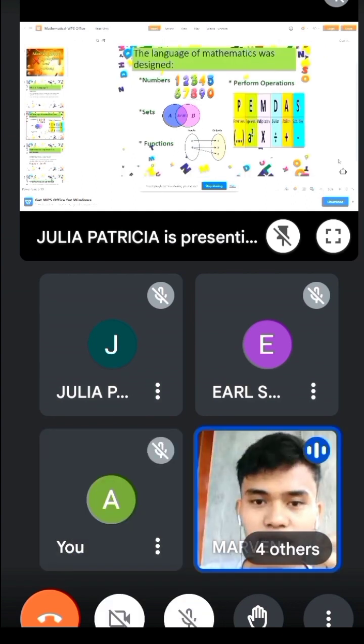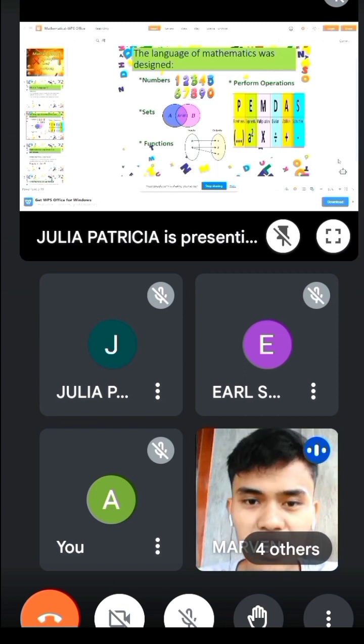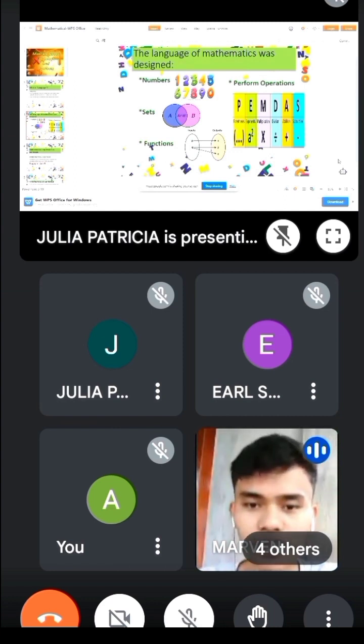The language of mathematics was designed for numbers, sets, functions, and performing operations. When we say numbers, there are different uses of numbers. Those are cardinal, ordinal, nominal, as well as ratio. Also, we have set. A set is a mathematical model for a collection of different things.